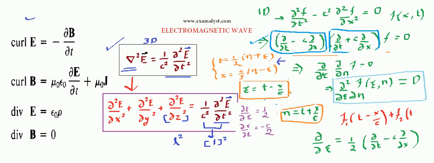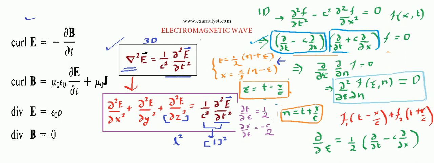This is what we understand when we make a change of variable. This gives us an understanding that the function f is a function of t minus the space part, and a better understanding of what the wave function will look like.